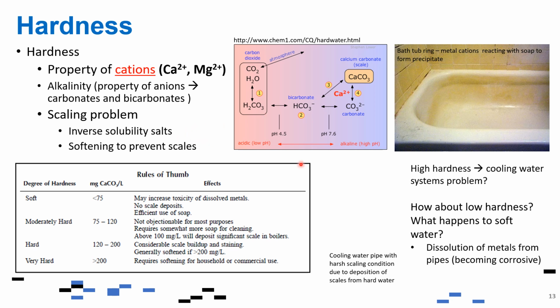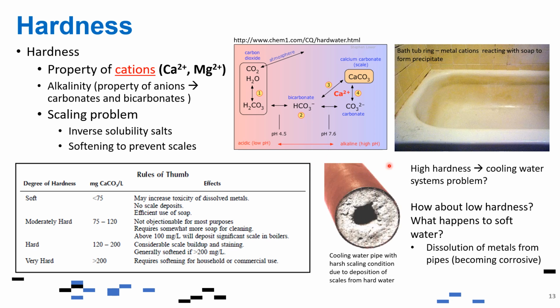This is a problem especially if you are using hot water or hard water in a cooling system or in a heat exchanger. If the system heats up that hard water, it could potentially form scale.